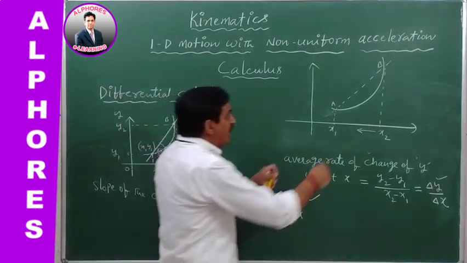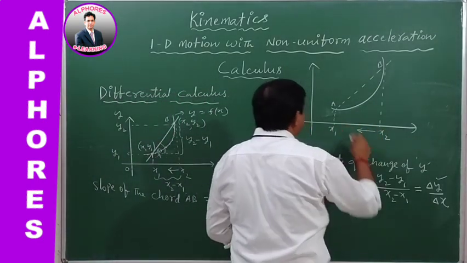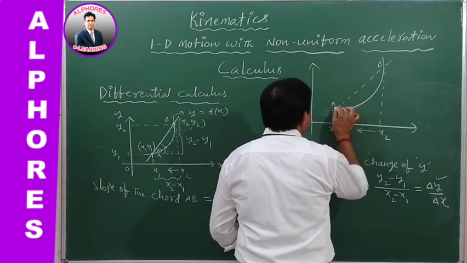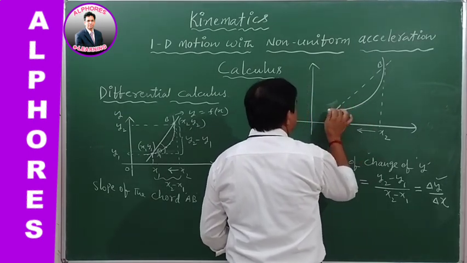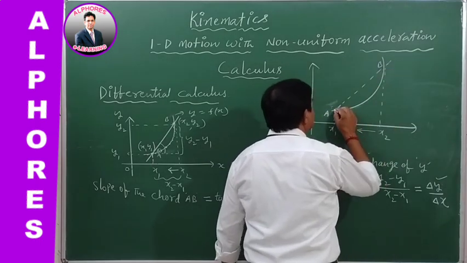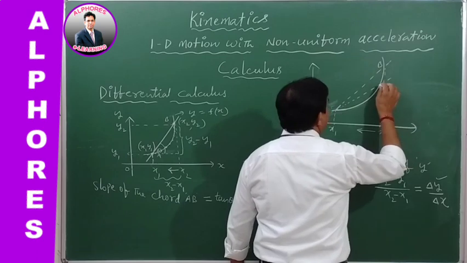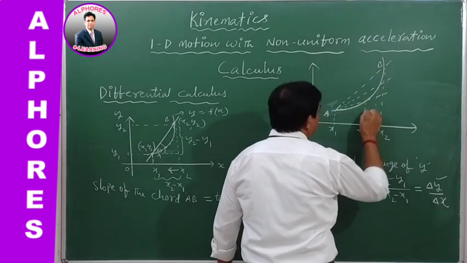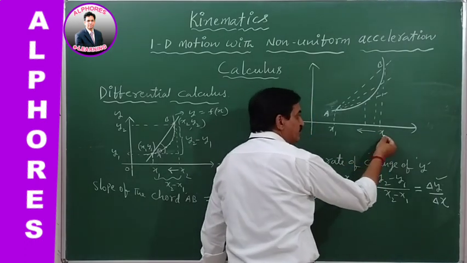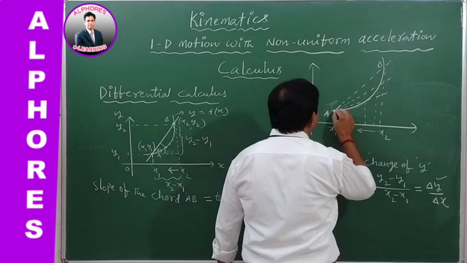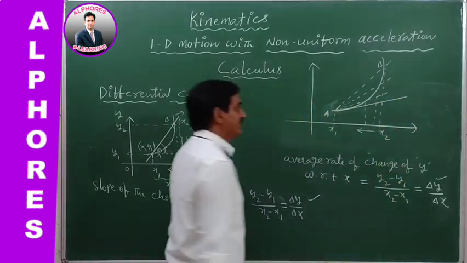Whenever it is slowly approaching x1, then what happens here at point A? We can imagine a line like this. x2 is decreasing, approaching x1, and finally it gives a tangent over here.